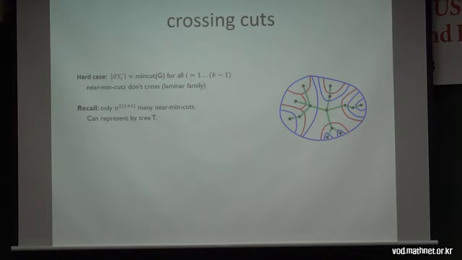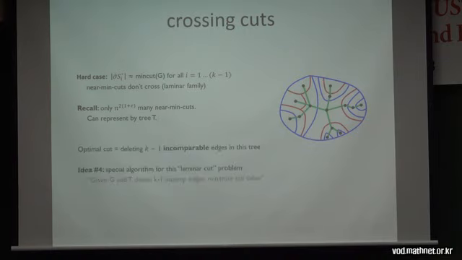By representing it as a tree, I mean that for every near min-cut, there exists a tree edge such that the near min-cut in the original graph corresponds to cutting that edge in the tree. Is that clear? Okay. So it can be represented by a tree T.